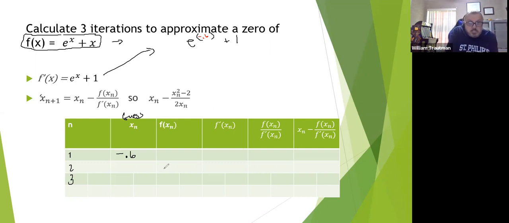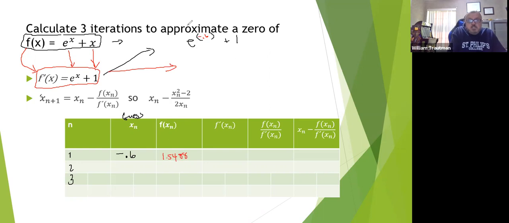When I put it into the function, I get 1.5488. By the way, we haven't taken the derivative of this yet, but the derivative of e to the x is e to the x, and the derivative of x is 1. So here's the derivative. Derivative of e to the x is e to the x, and the derivative of x is 1. So we got 1.454. Wait a minute. That's not what I got.